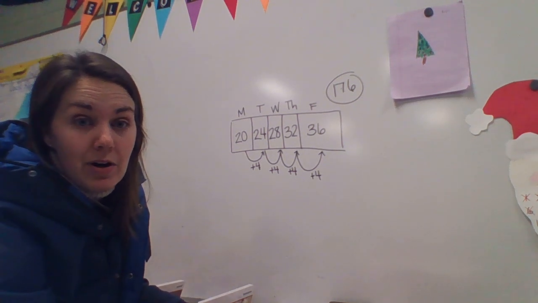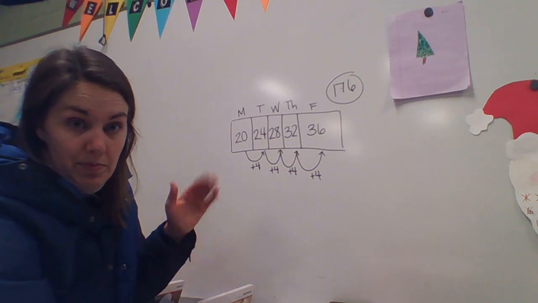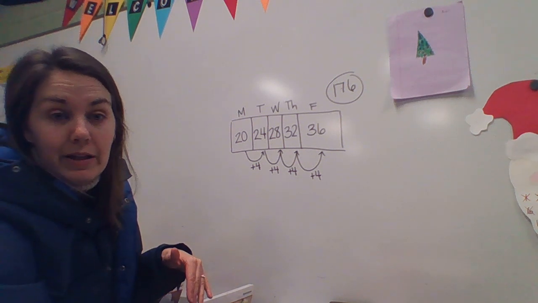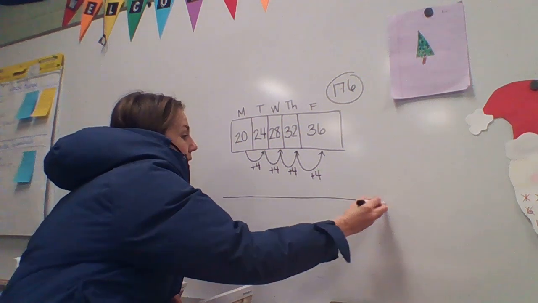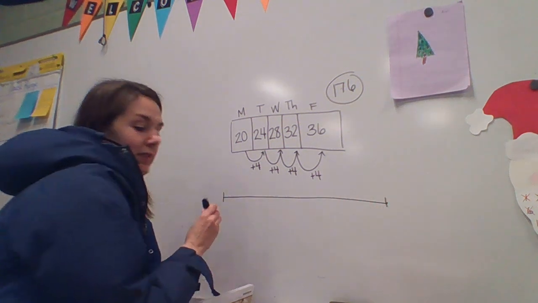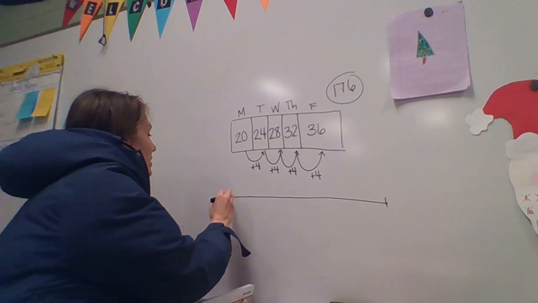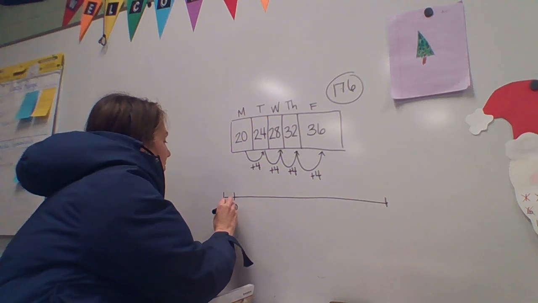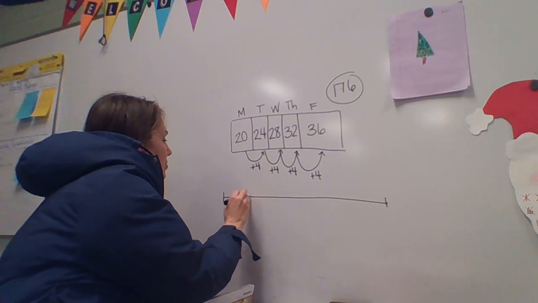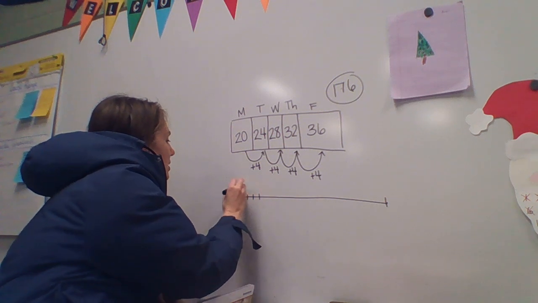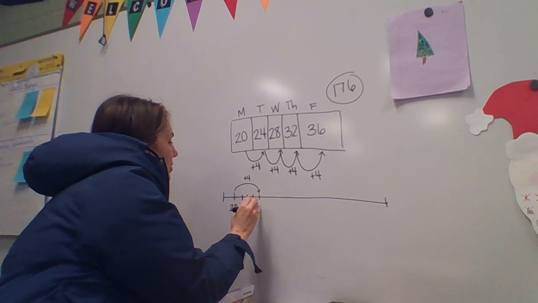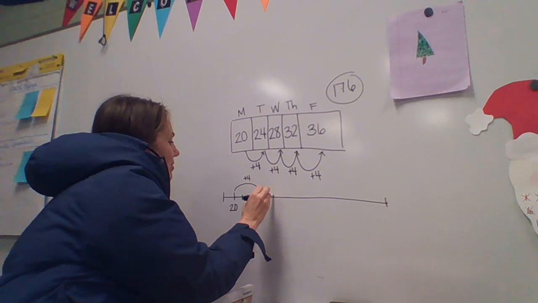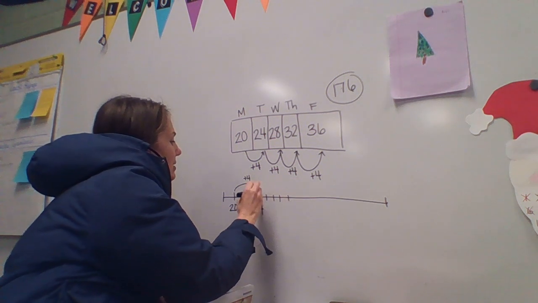They also have, for the second, below the picture, model it using a number line. So we can think of Orlando's number of laps as also being on a number line. We would start at 20, and then we would add 21, 22, 23, 24. He's adding 4 to get to 24, 25, 26, 27, 28.